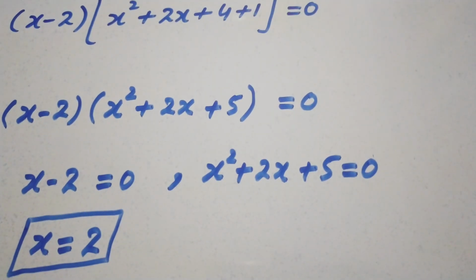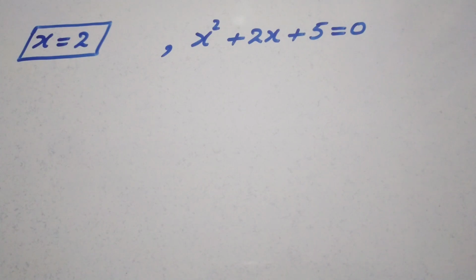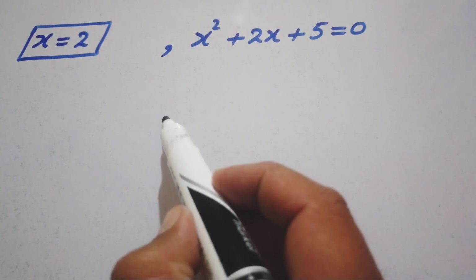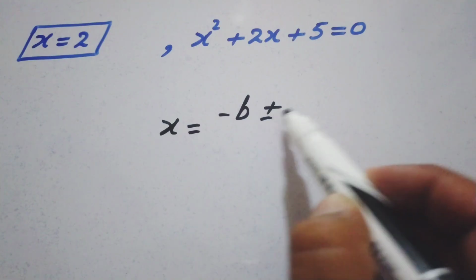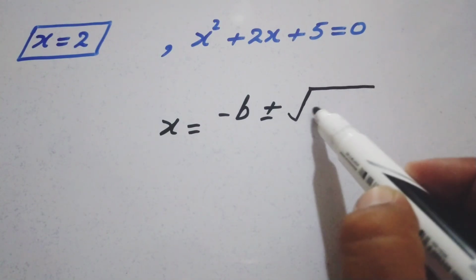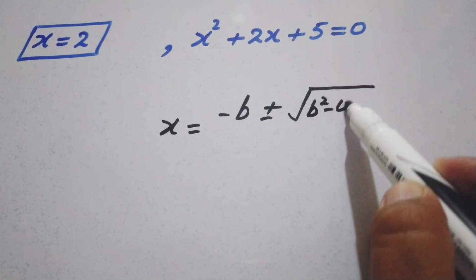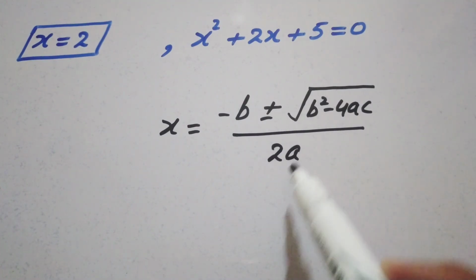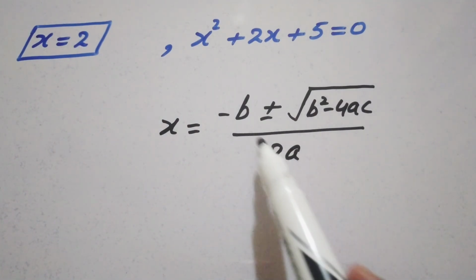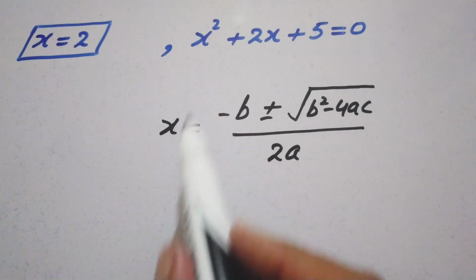Now we will find the other solutions from this quadratic equation, x squared plus 2x plus 5. So by using quadratic formula here, the quadratic formula is x is equal to minus b plus minus square root of b squared minus 4ac divided by 2a. So first of all, we will write the value of a, b and c from this quadratic equation.